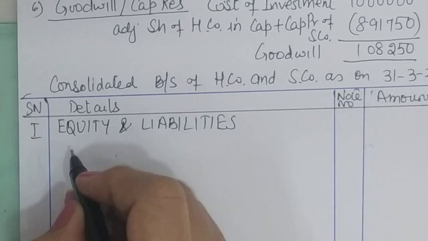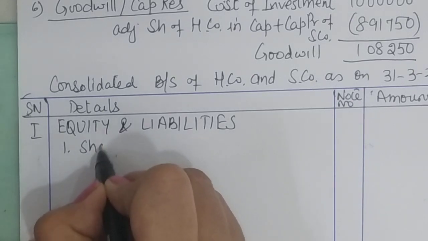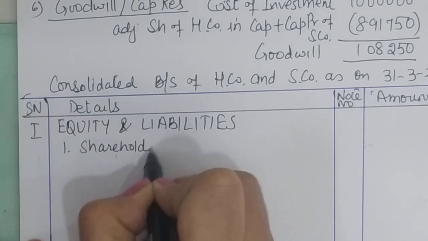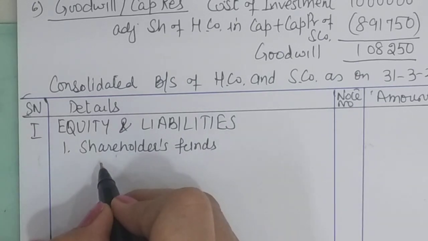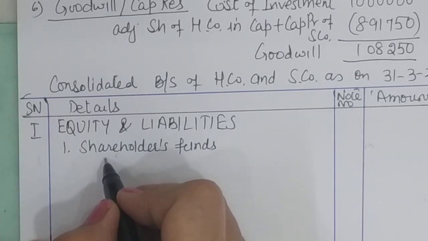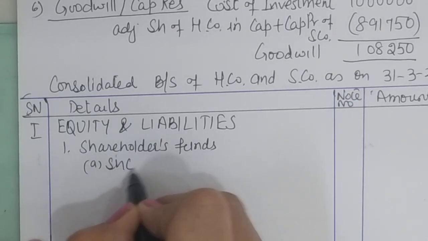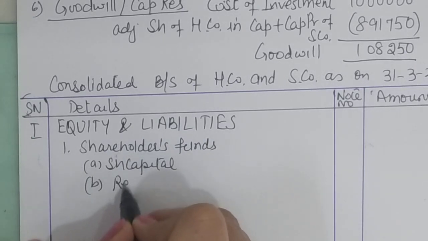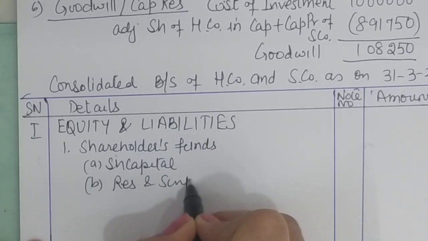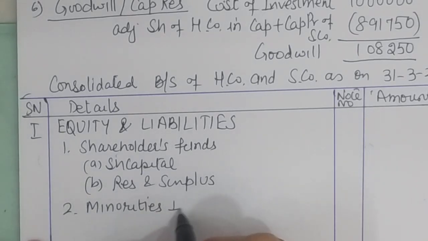In this, we are to record number 1, shareholders' funds, which includes share capital and reserve and surplus. Minorities' interest comes just after this, so it will be recorded here.